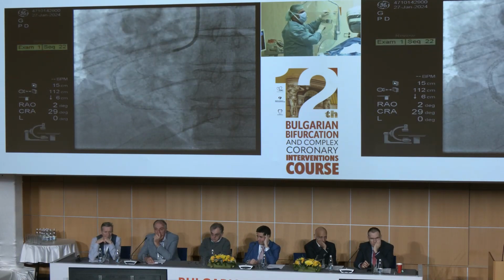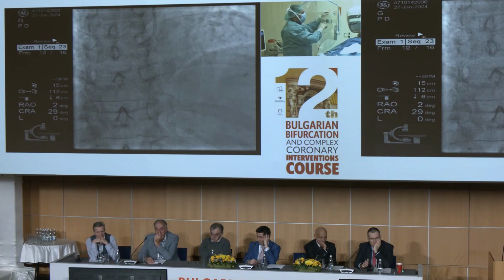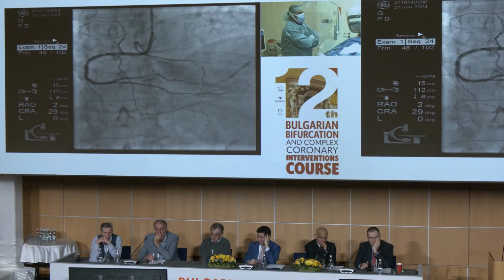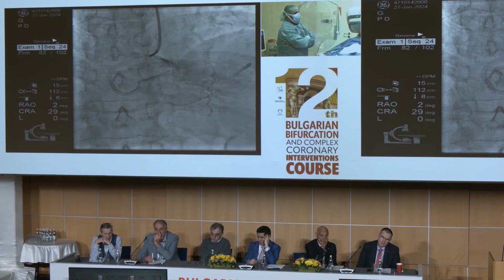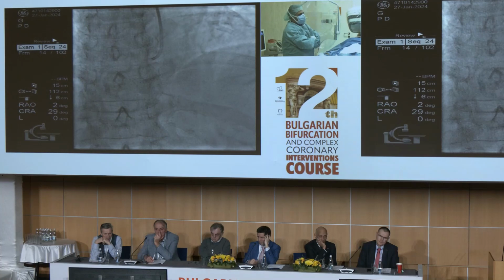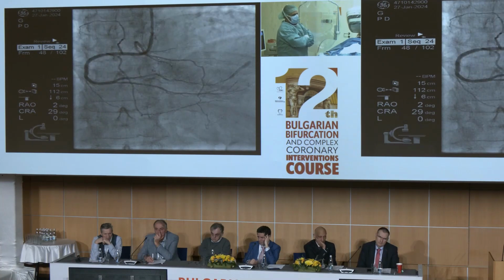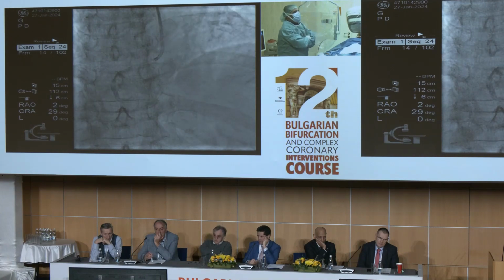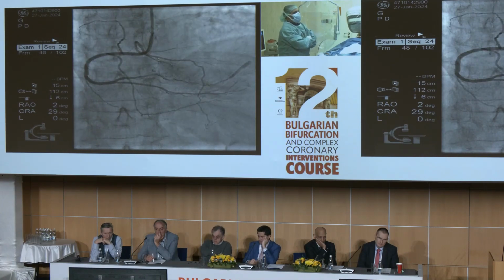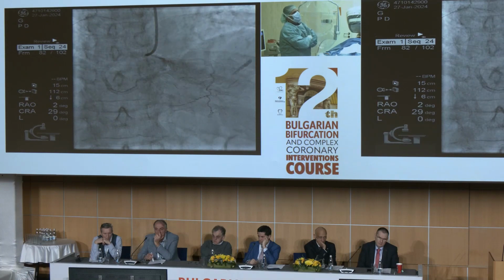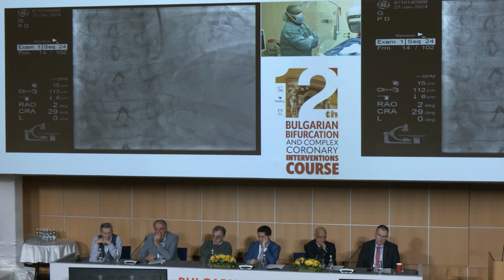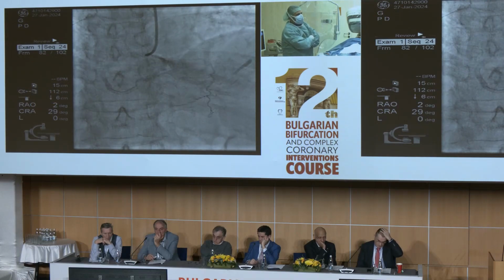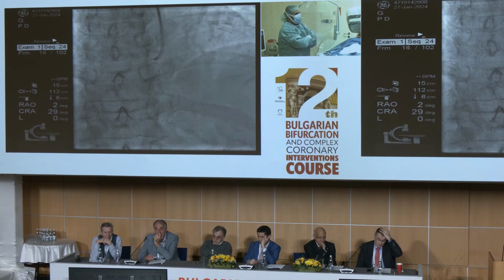But on the cranial projection, there was a staining of contrast, probably caused by my loop wire, because the wire was looped deeply into the PL branch. The PL branch was very small, so probably even with the loop, there was a dissection ending in a staining of contrast into the myocardium.